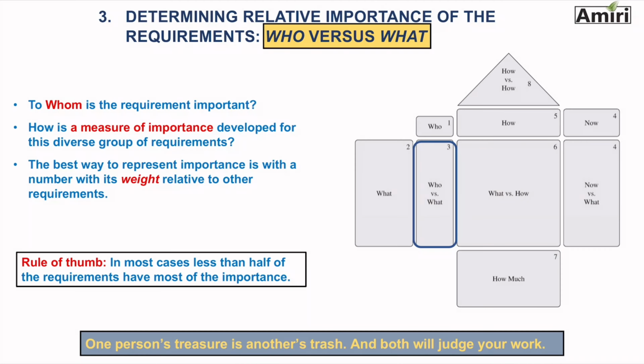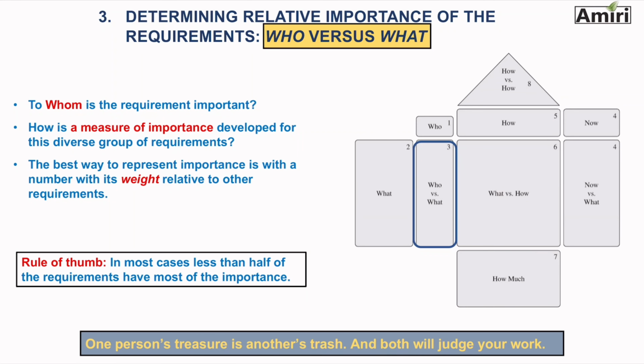Looking at step 3, who versus what, is figuring out the requirements that you found in step 2: which group of customers cares about which one, and how much they care about it. That is done through generating a weight factor for each of those requirements.